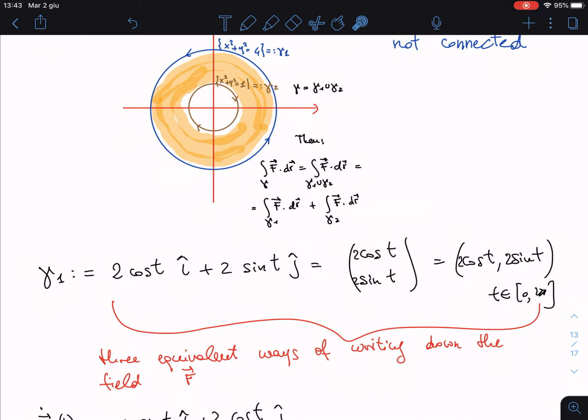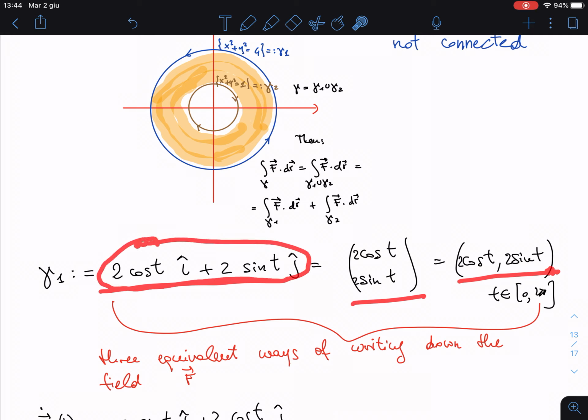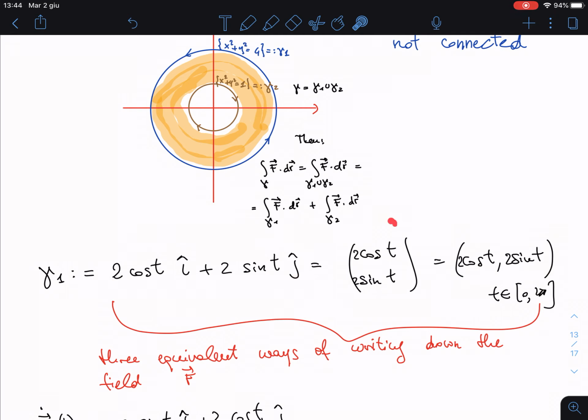Okay, so here I just wrote the curve in 3 equivalent ways. One is sufficient, you don't have to write it in 3 or more equivalent ways, but I want to make it clear that this notation doesn't change anything, it is always the same. This is written in vector notation, with the unit vectors i and j on the x and y axes. This is written as a vertical vector, a so-called column vector. Okay? And here it is written as a row vector, so in general as coordinates.